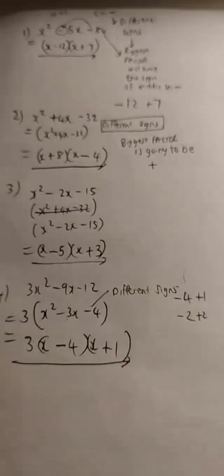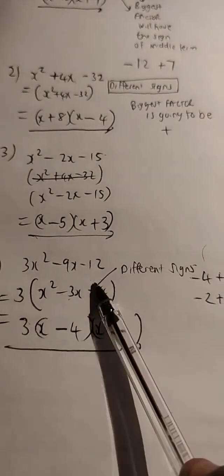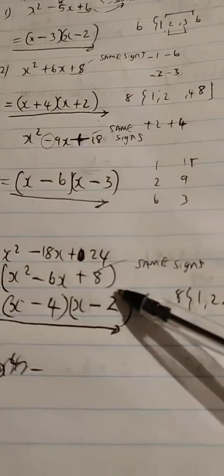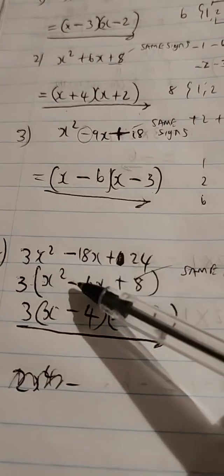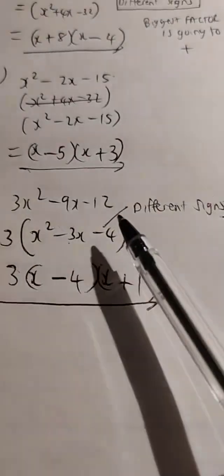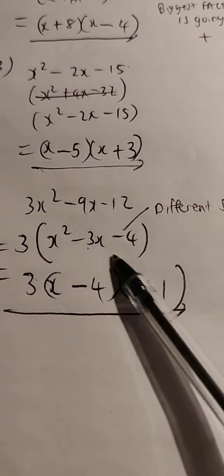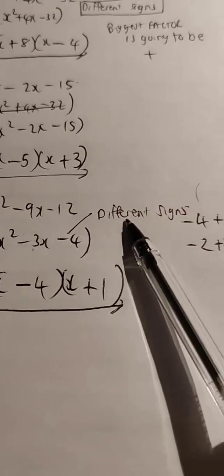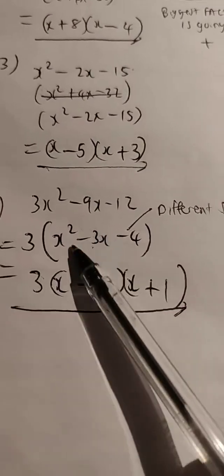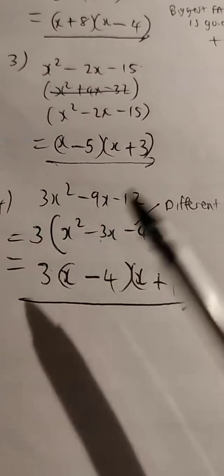Please, guys, last term negative means different signs. Last term positive means same signs, but it's the same according to the middle term. A negative constant means different signs, but with the highest factor having the sign of the middle term.